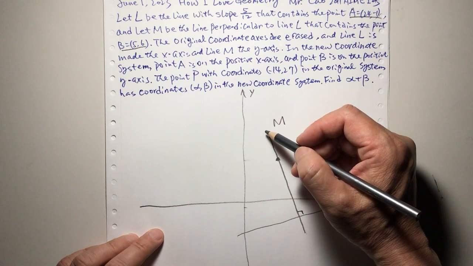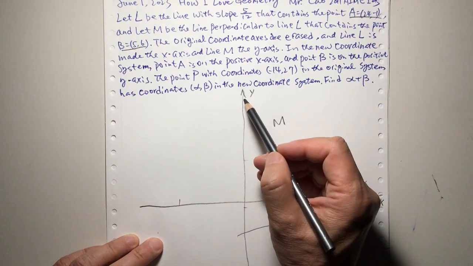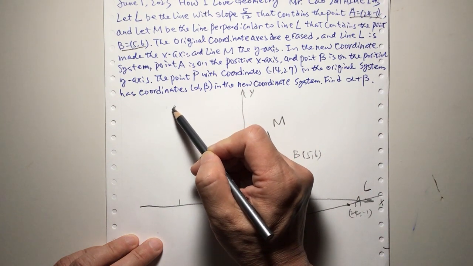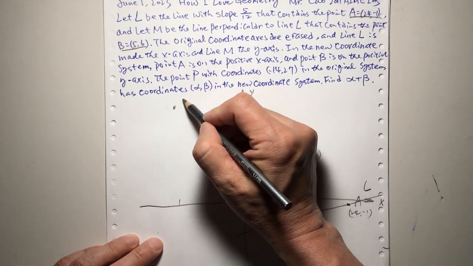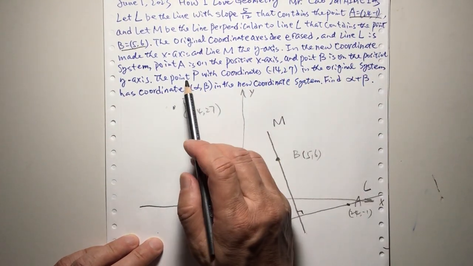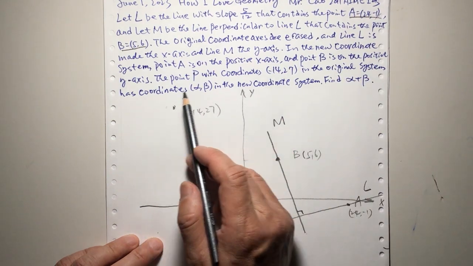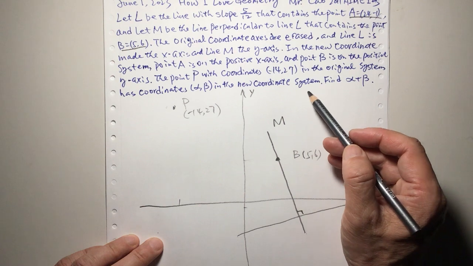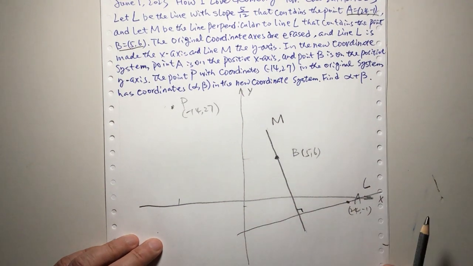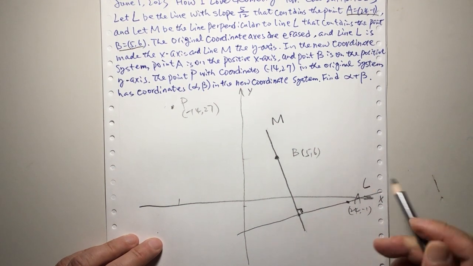The point P has original coordinates (-14, 27), so this is the point P. We need to find the coordinates alpha, beta of P in the new coordinate system, where the new y-axis is line M and the new x-axis is line L, because they are perpendicular. So this point is the new origin.